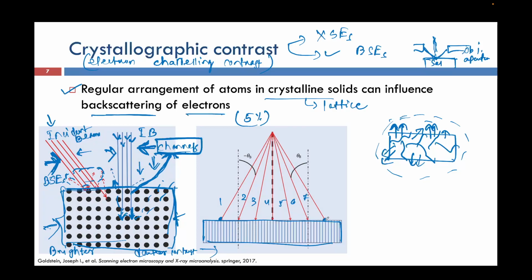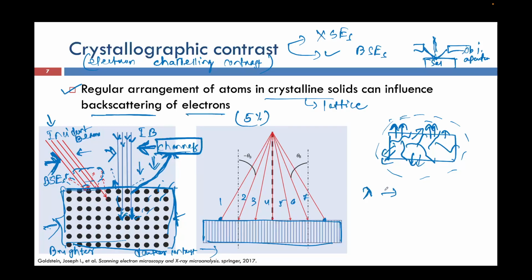To determine the likelihood of electron channeling, whether we will get the contrast due to this electron channeling, we should know the properties of the electron beam, that is, with which wavelength our electrons are coming. So the wavelength lambda is related to the critical crystal property.